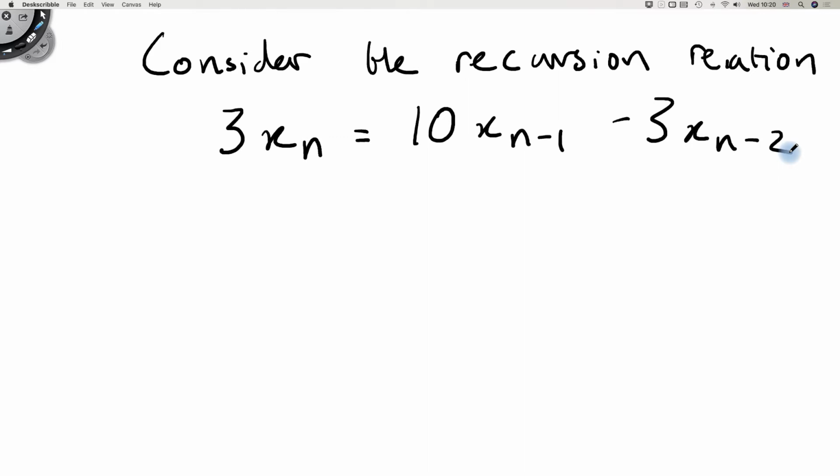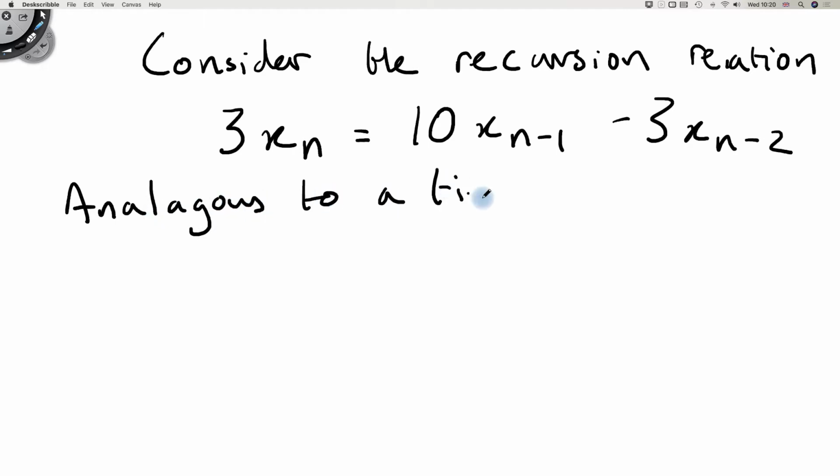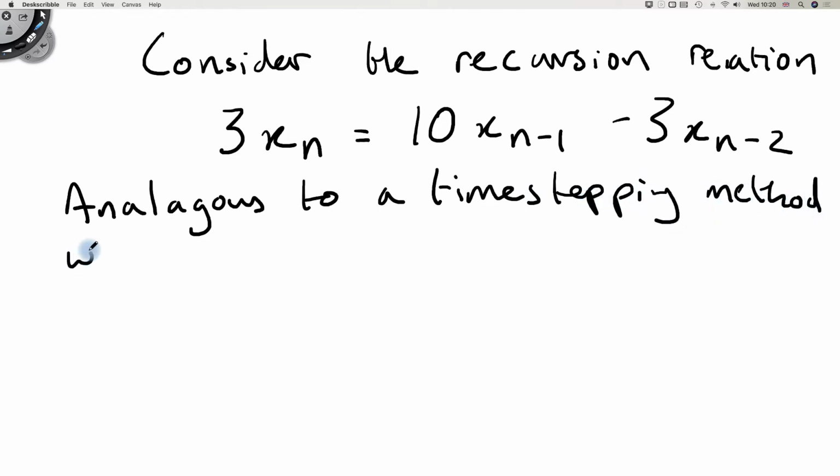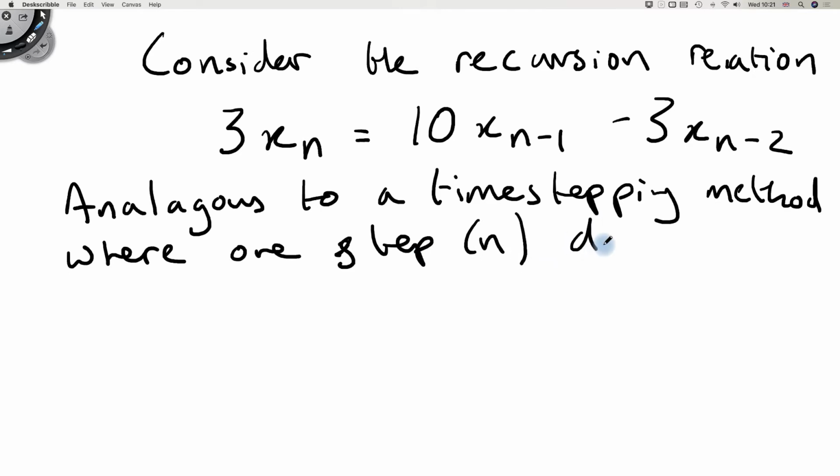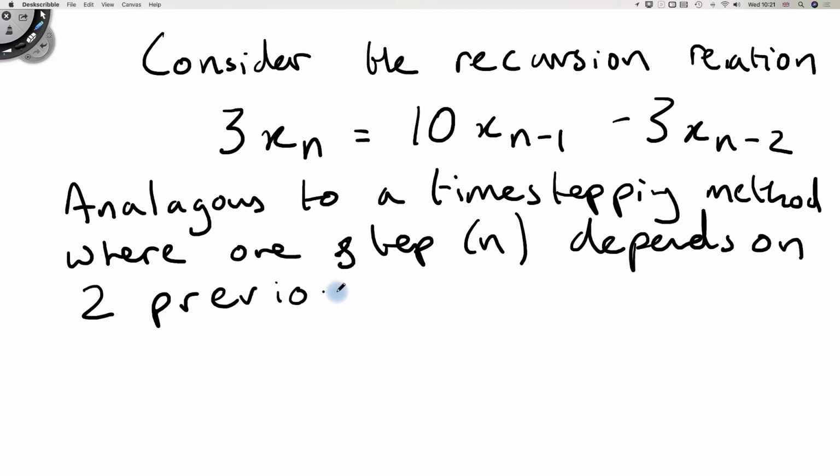It's analogous to a time stepping method that we started looking at last time, where one step depends on two previous values, n minus 1 and n minus 2.